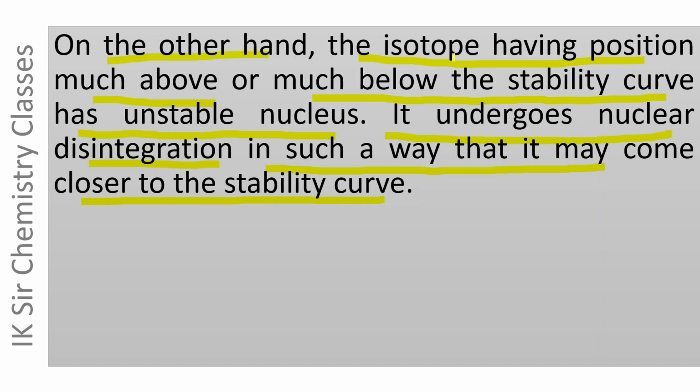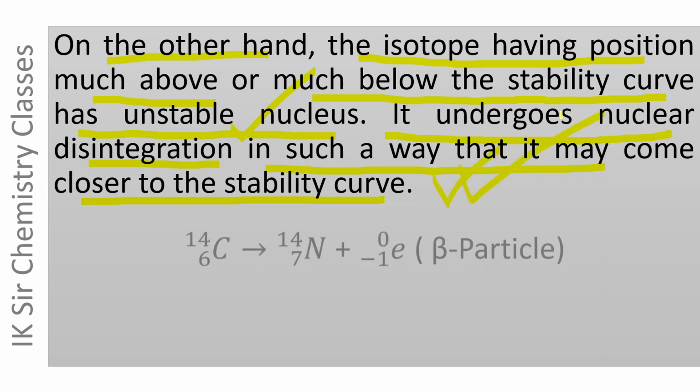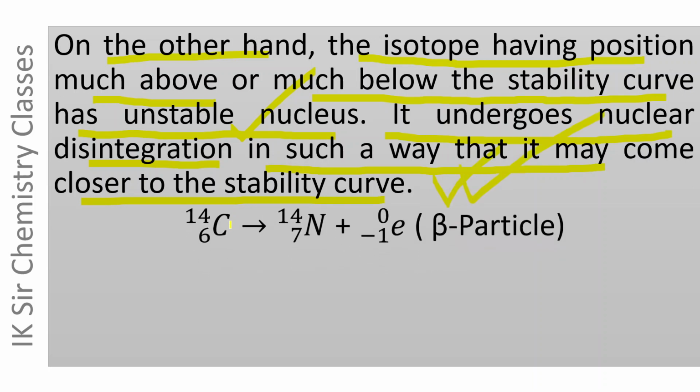On the other hand, the isotopes having position much above or much below the stability curve have an unstable nucleus and they undergo nuclear disintegration in such a way that they may come closer to the stability curve. Let us see an example.